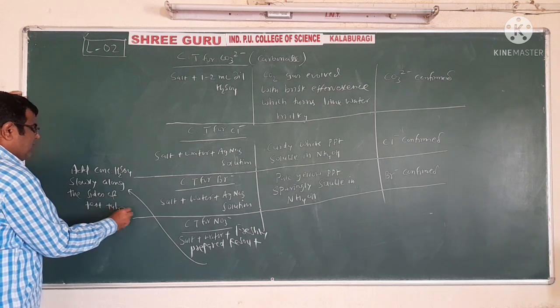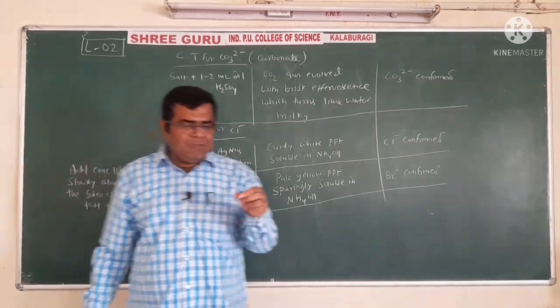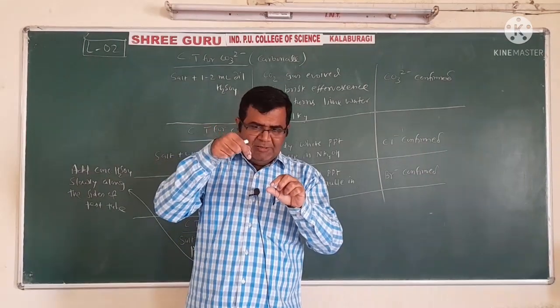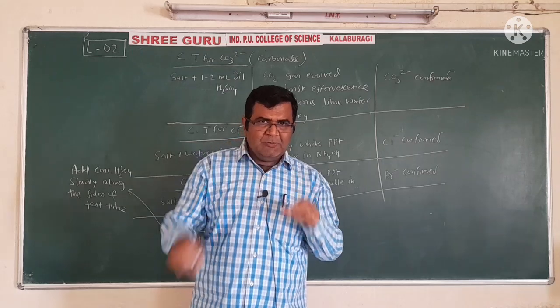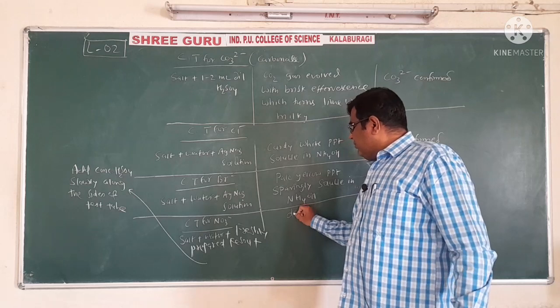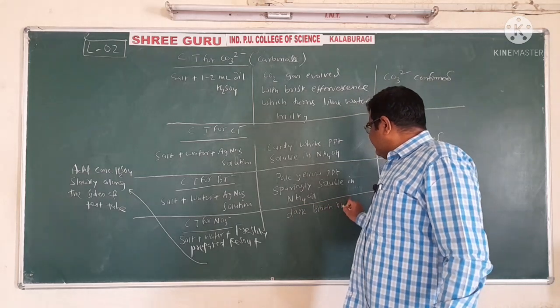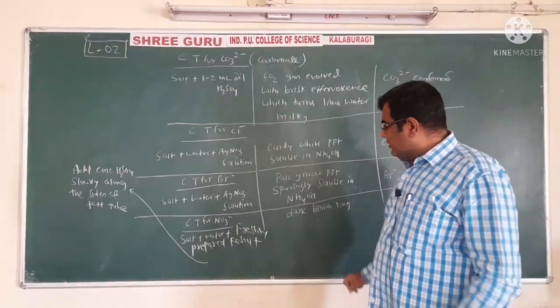So this is a very simple test to perform. Add concentrated sulfuric acid slowly while tilting the test tube, and along the sides clockwise we have to add. What will be our observation? We have to say dark brown ring. It is called the brown ring test also.